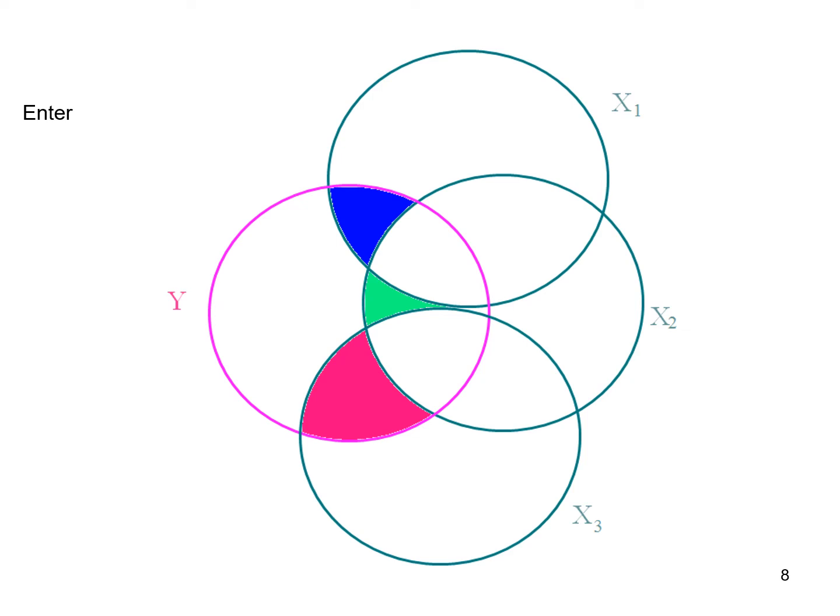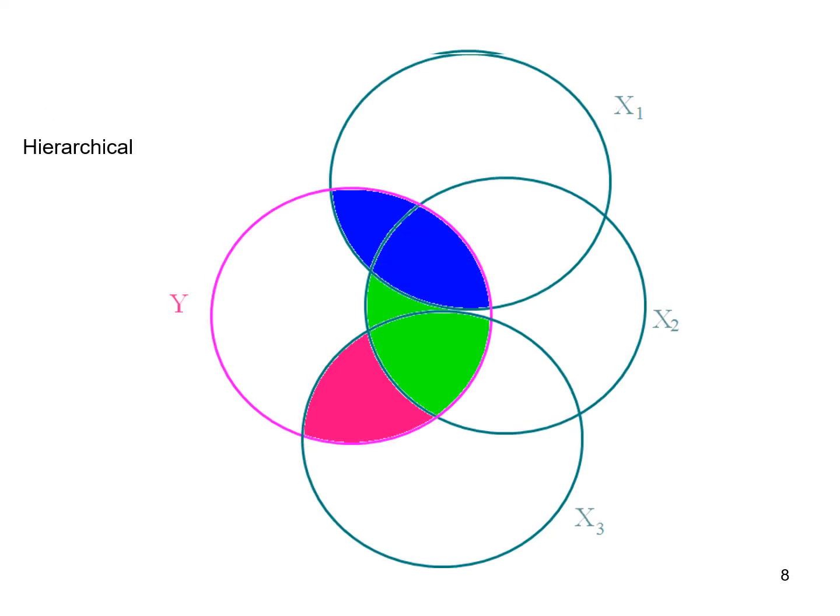So if I was using the enter method, it would basically predict that x3 is responsible for the pink section, x2 is responsible for the green section, and x1 is responsible for the blue section. It would ignore the variance that's being explained in our predictor by any interaction or any combination. It's looking for unique variance. And that's why it's a really good technique just to find out which individual predictors may be important down the road. That's what it's looking for.